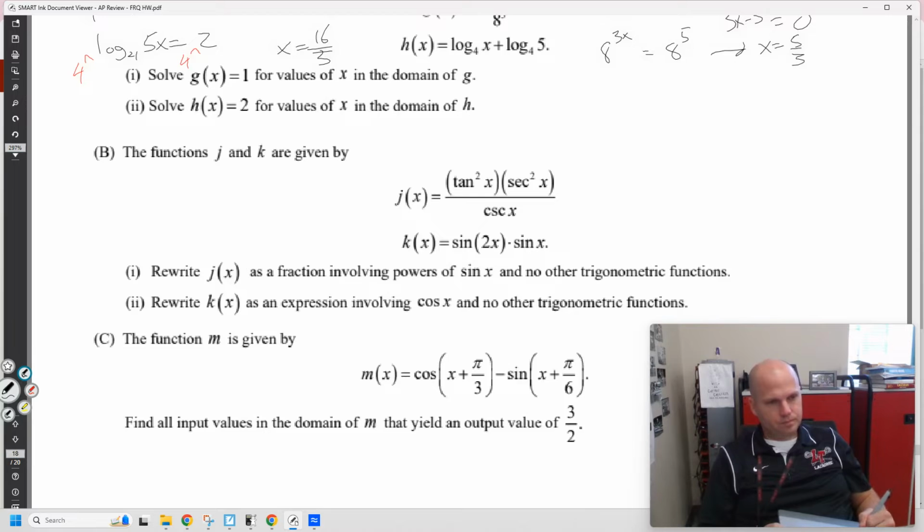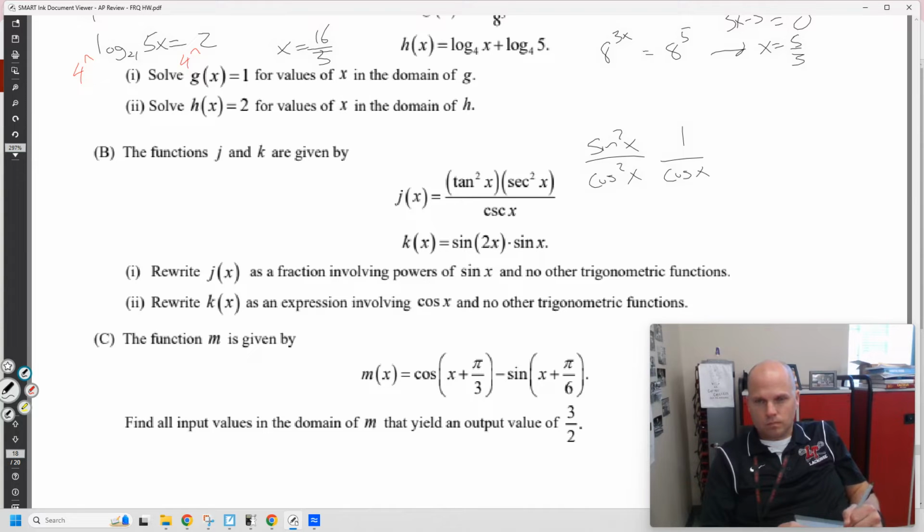Sine. It's always safe to rewrite it as sines and cosines. Dividing by cosecant is the same as multiplying by sine.